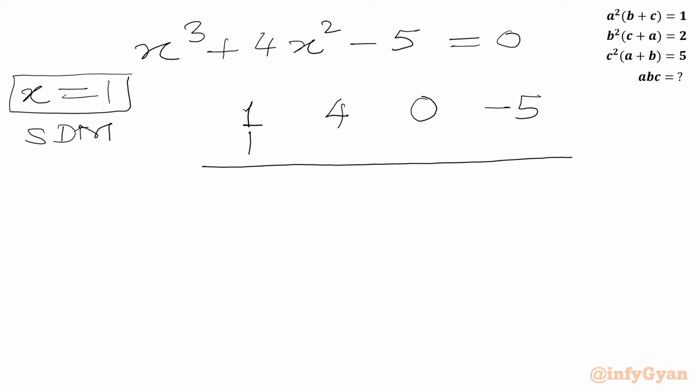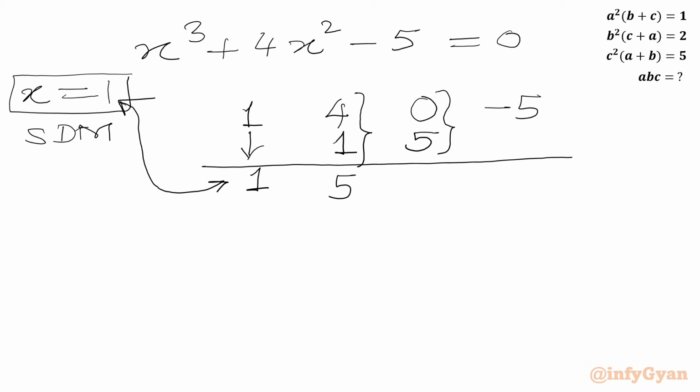The leading coefficient 1 will be as it is, we will write here 1. Now our base solution will be multiplied with this leading coefficient 1. 1 times 1, we will write the product here. Then we have to add these two numbers, we will get 5. Again 1 times 5 will give us 5.